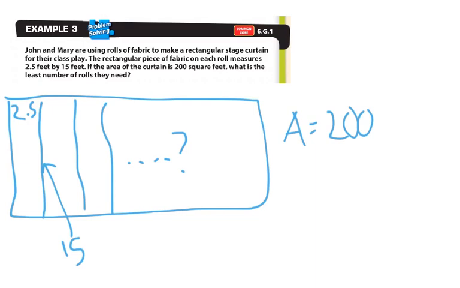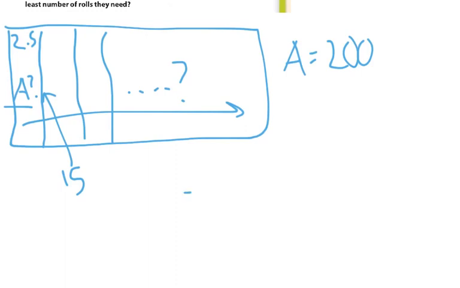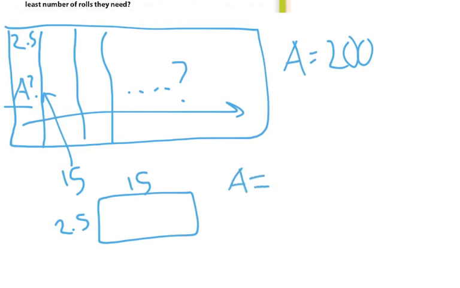Okay? And so what we need to do is figure out, well, what's the area of this thing? And once we know the area of that, we can then figure out how many of these we're going to need to fill the whole thing. And so let's see here. We have a rectangle, and we are told this is 2.5. This is 15. So in this case, we just find the area, which is length times width. So 15 times 2.5, which gets us 37.5.